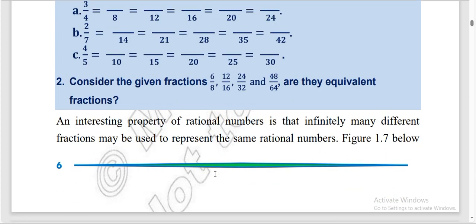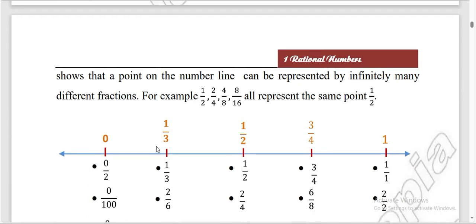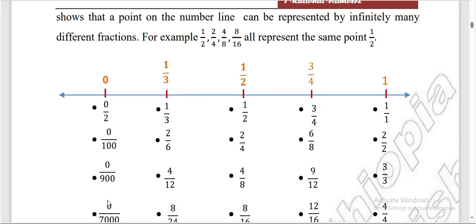An interesting property of a rational number is that infinitely many different fractions may be used to represent the same rational number, as in the figure below. These number lines show the simplifications: 0 means 0 over 2, and 1 over 3 means 2 over 6 indirectly.